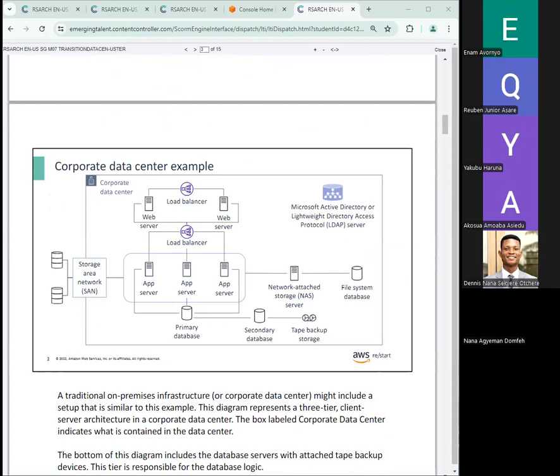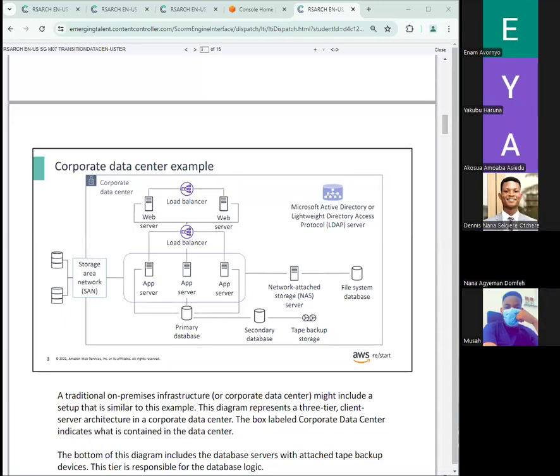Okay, so I think that when this corporate company is in season, or in a period where they have a lot of clients, they will need to buy more servers. They need to buy more web servers, more app servers, and more storage.